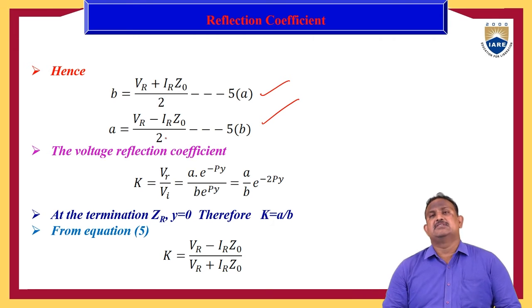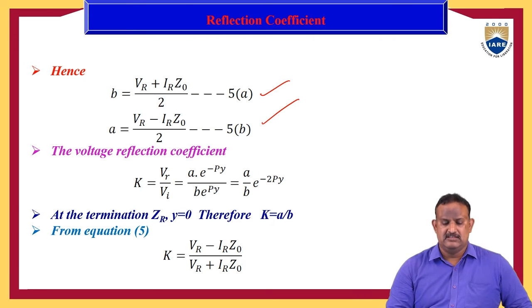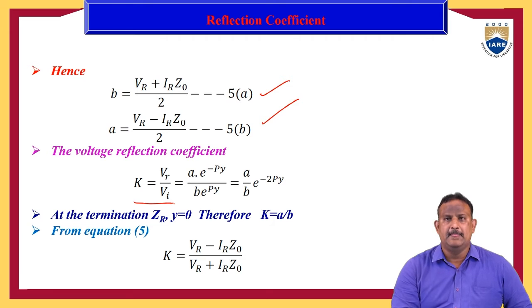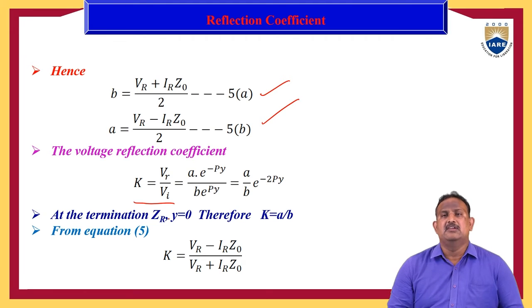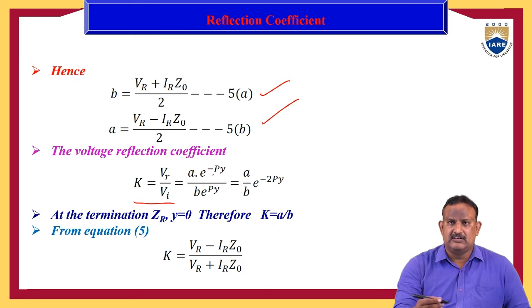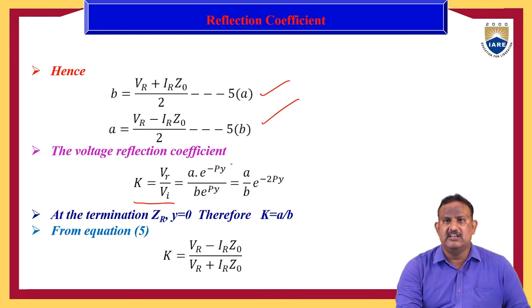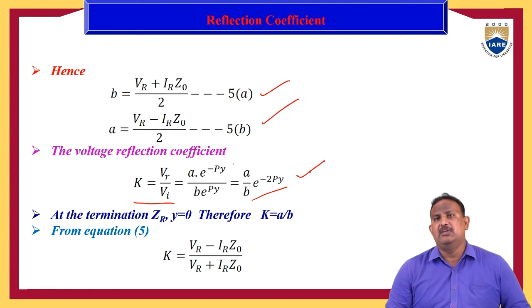The voltage reflection coefficient can be defined as K, which is equal to reflected voltage by incident voltage. Here the reflected voltage is A into e power minus Py and the incident voltage is B into e power Py. Therefore, moving e power Py to the numerator, K is A by B into e power minus 2Py.